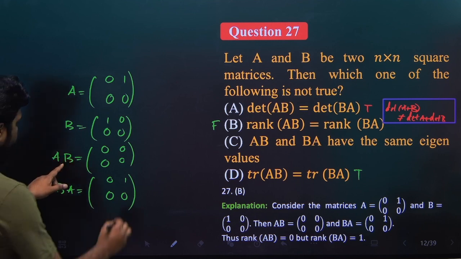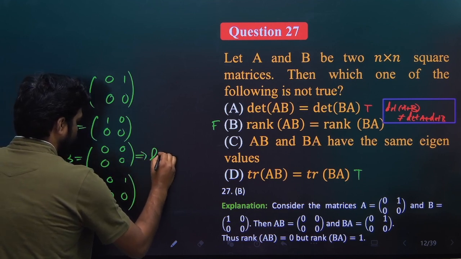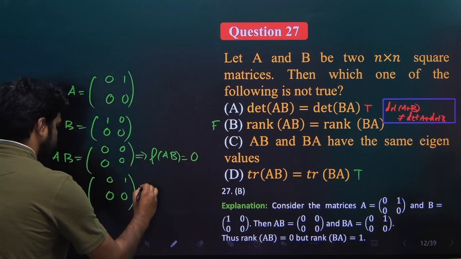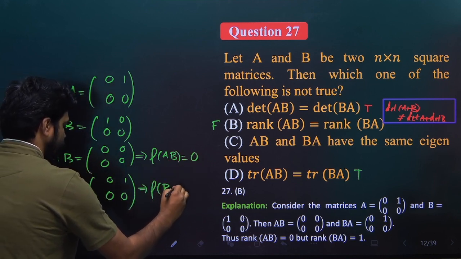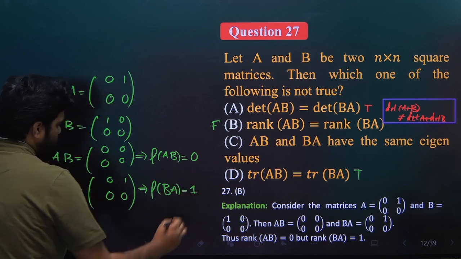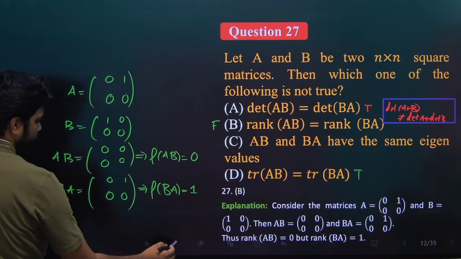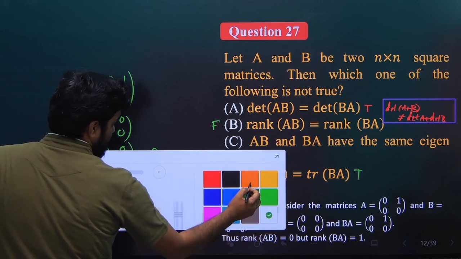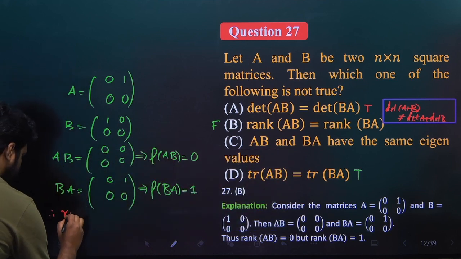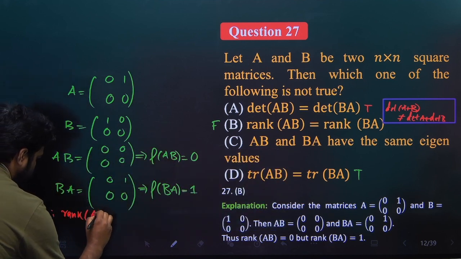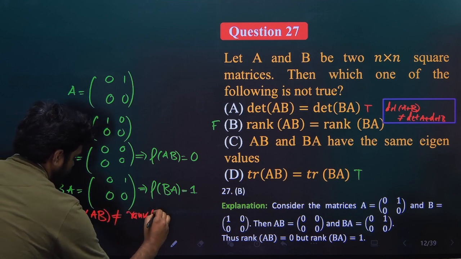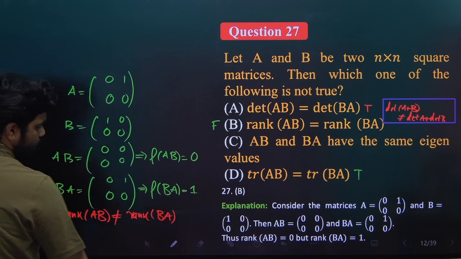Just see the rank of AB. From this, rank of AB is 0, and from this, rank of BA has only one non-zero entry, that is 1. So we see that rank of AB is not equal to rank of BA.